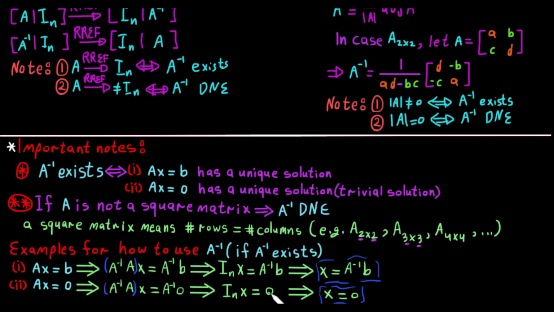So that's why it will remain 0 here. And here it simplifies by identity, and also here it simplifies to x, because any matrix multiplied by identity will remain the same. So x equals 0.